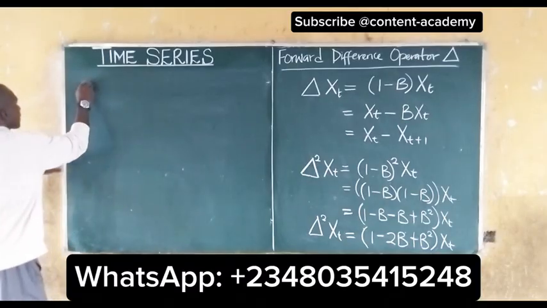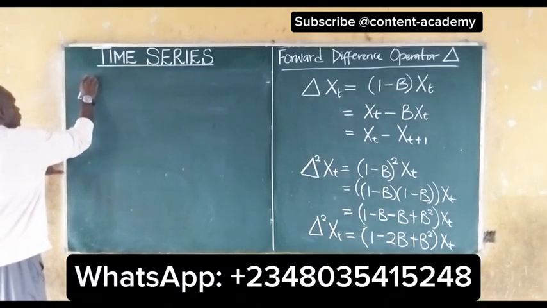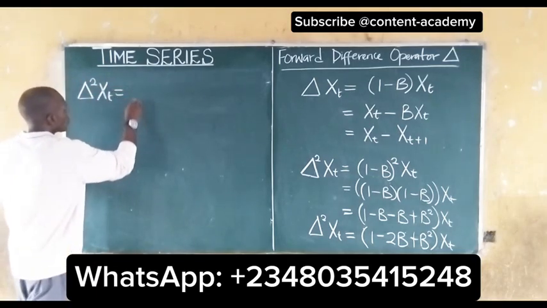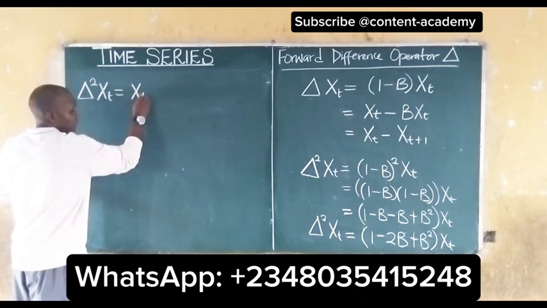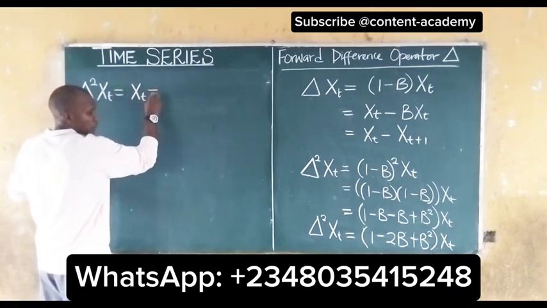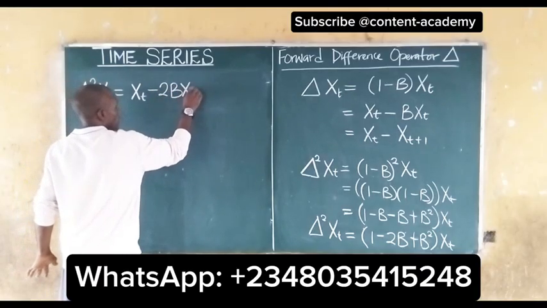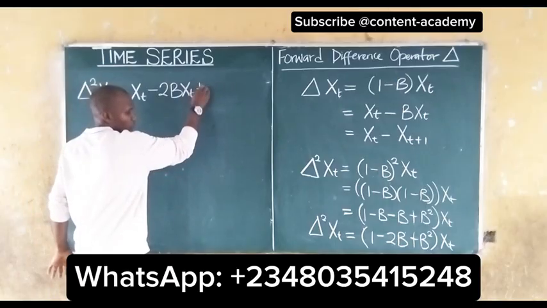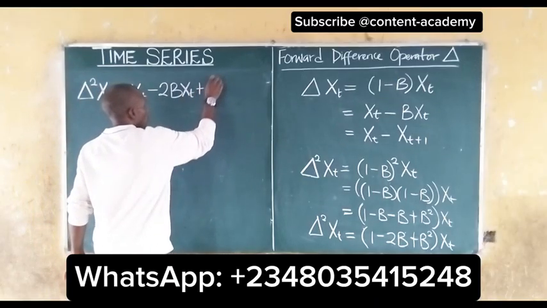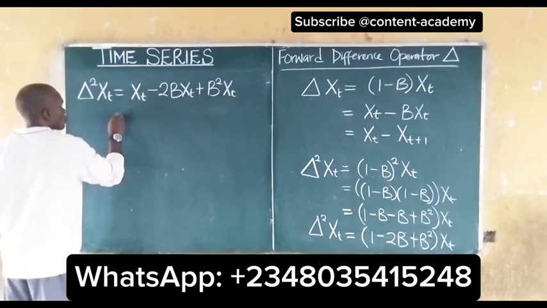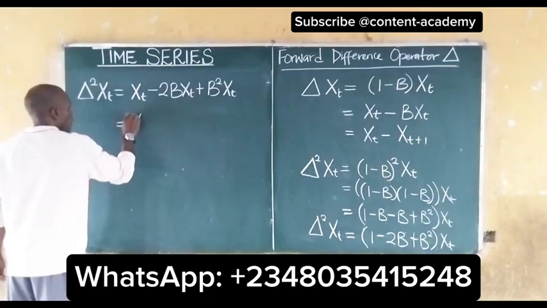So we'll have our difference operator squared Xt to be equal to Xt minus 2B Xt plus B squared Xt, which is equal to Xt.